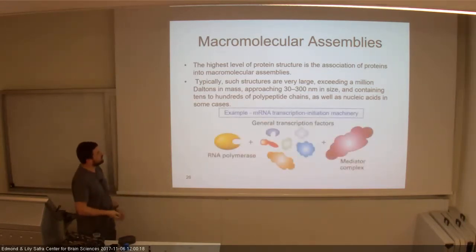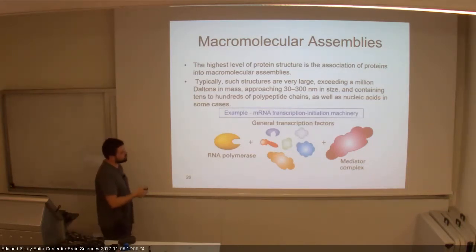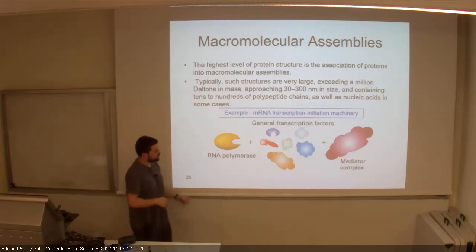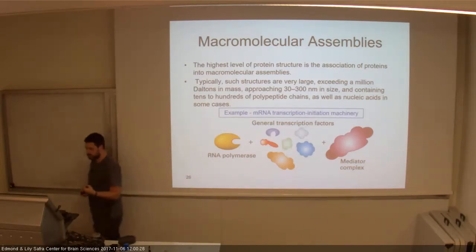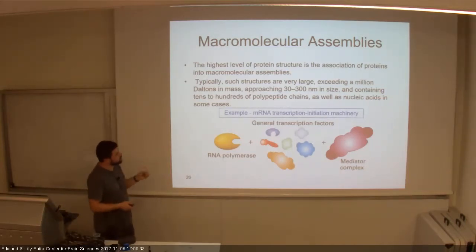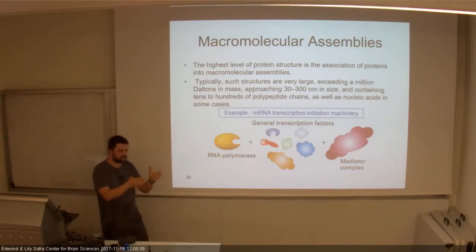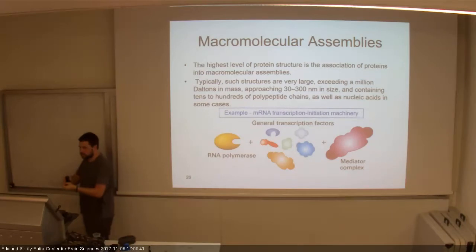For example, one of the more classical examples is the mRNA transcription initiation machinery. We will learn specifically about that, but it's okay that you don't know what this means. This machinery is what converts our DNA to RNA and then later to proteins.